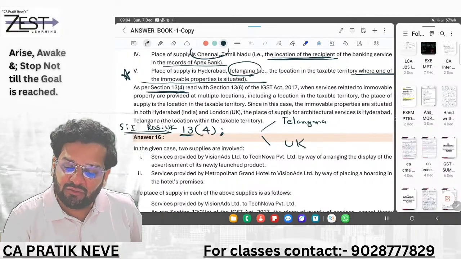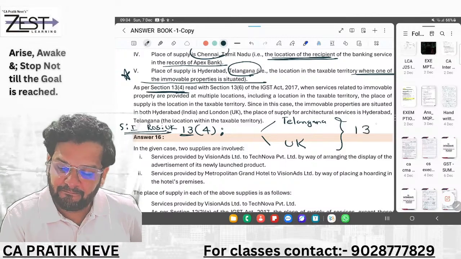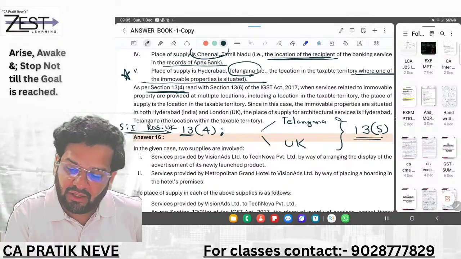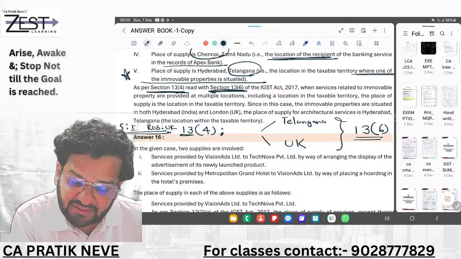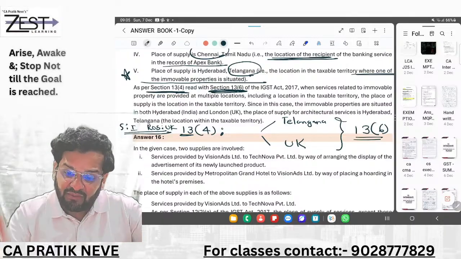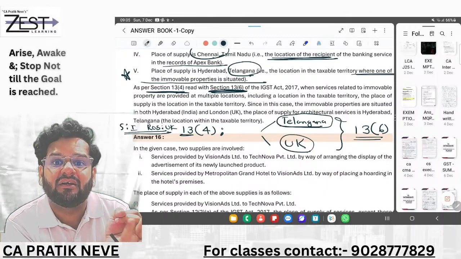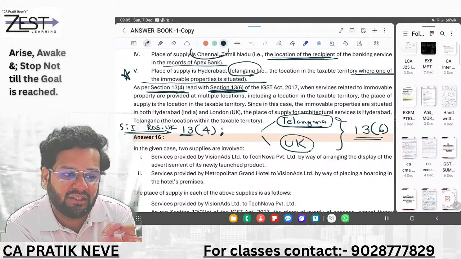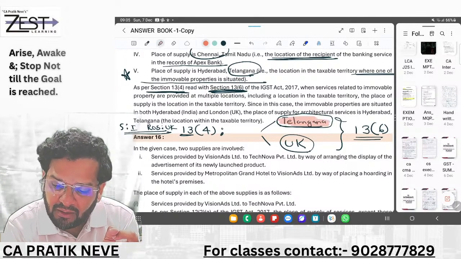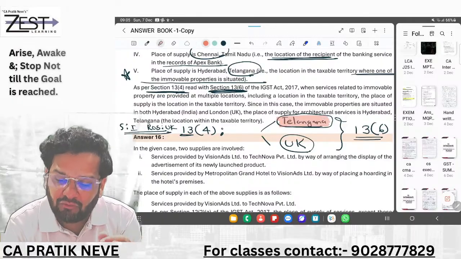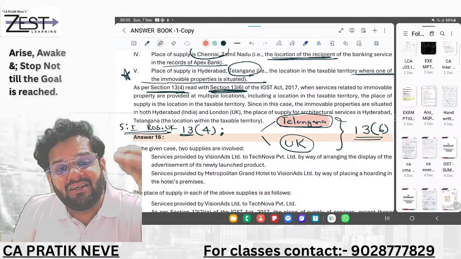Now, in such cases, there is one point, friends. The point is given in 13.6, because 13.5 is event management. 13.6 says that if there are multiple place of supplies as per 13.3, 4 or 5, one of them being in India, then place of supply for that entire service is presumed to be the location in India itself.